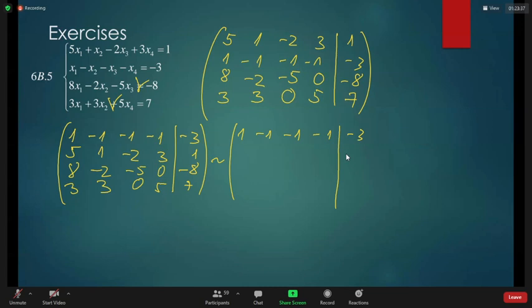So 1, minus 1, minus 1, minus 1, minus 3. Now let's see. Row 2 minus 5 times row 1, 0. 1 minus 5 is minus 4. Minus 5 times minus 1, 5 plus minus 2 is 3. 5 plus 3 is 8. 15 plus 1 is 16.